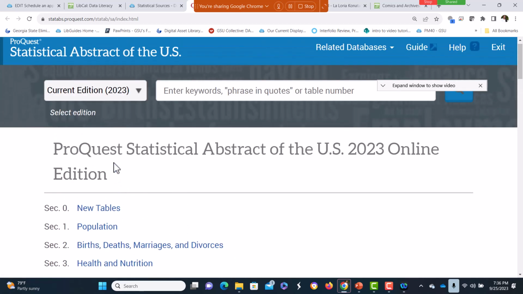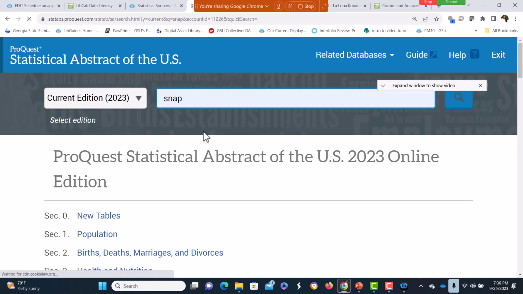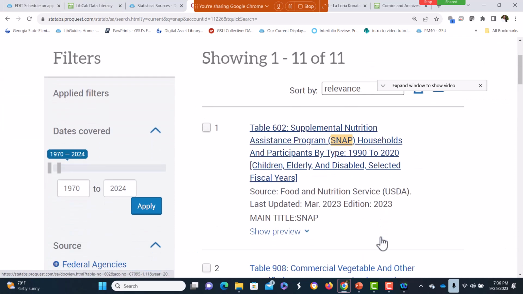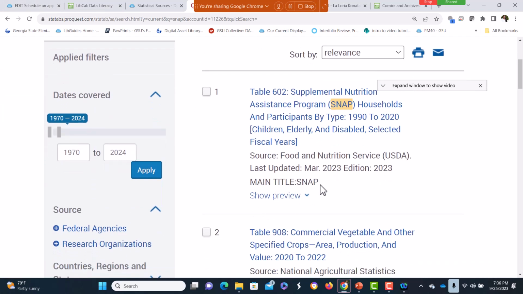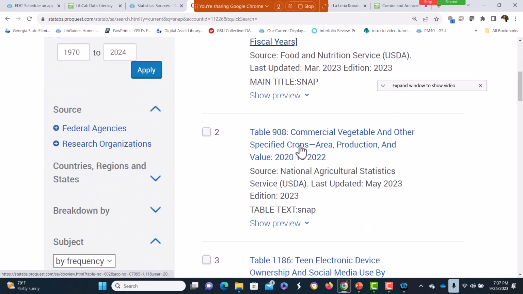Okay, so I'm going to do another search. Let's just say SNAP. Okay, so again, we have these tables here.